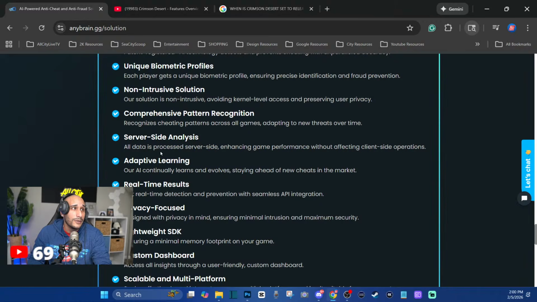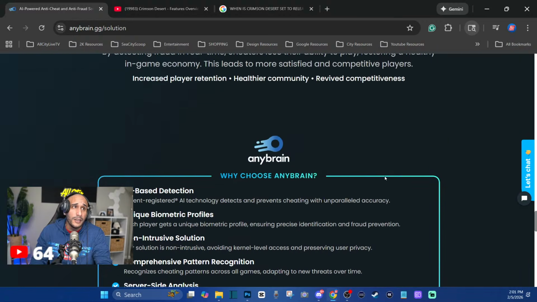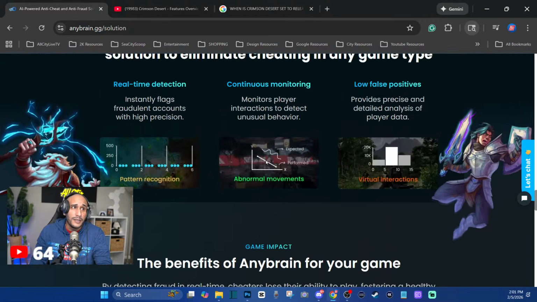Server-side analysis. All data is processed server-side, enhancing game performance. Our AI continually learns and evolves, staying ahead of new cheats in the market, because what it's actually doing is monitoring human behavior. It's not worried about a cheat. Let's say someone is extremely good at a video game. Even being extremely good, you wouldn't be able to keep this type of performance that you're seeing on screen in that graph.